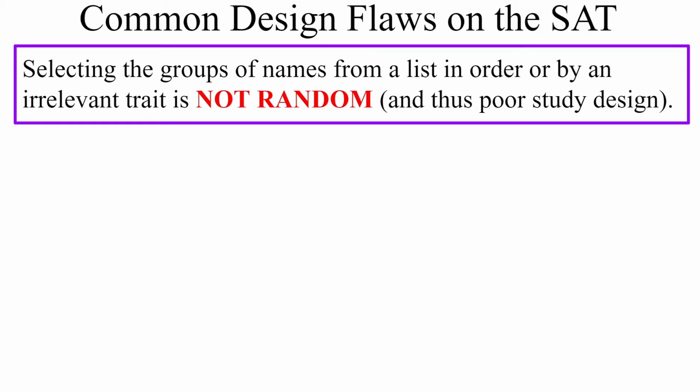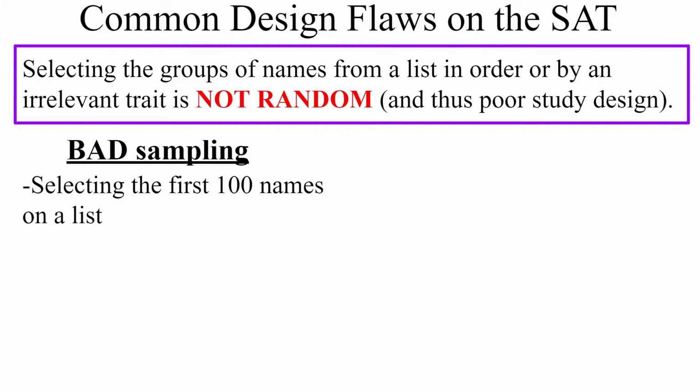So, two common things they hope you'll just miss is that they'll select the groups of names from a list in order, or they'll select the people based on some kind of irrelevant trait. And both of these are bad. That is not random. For example, if I have all the residents of the town sorted by alphabetical order, and then I pick the first 100 names on the list, it seems like that's not that big a deal, right?